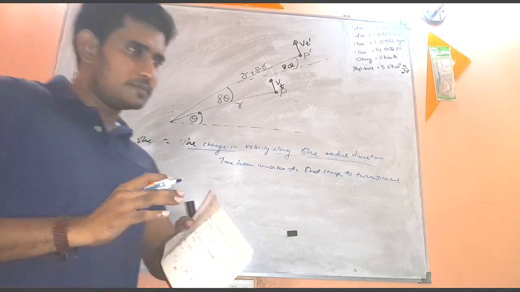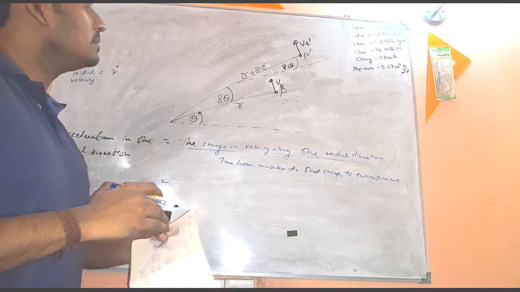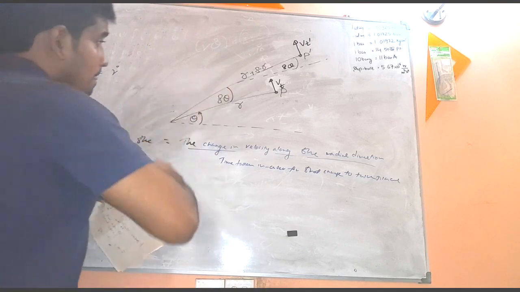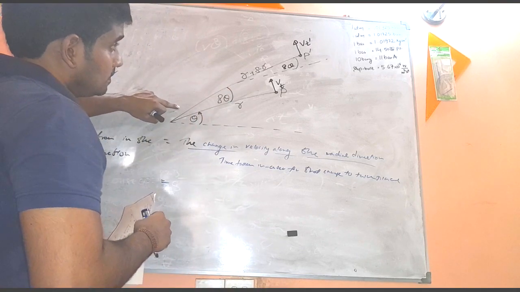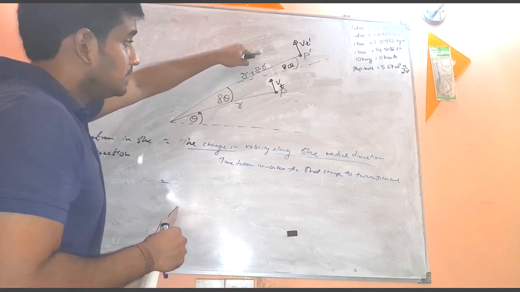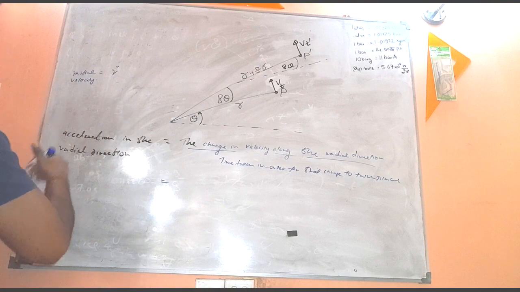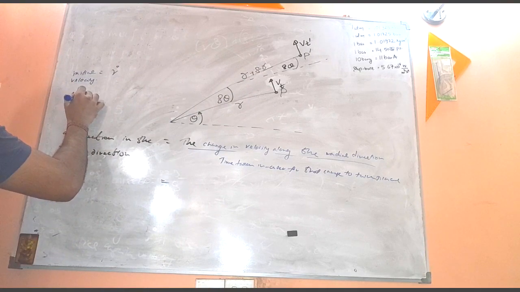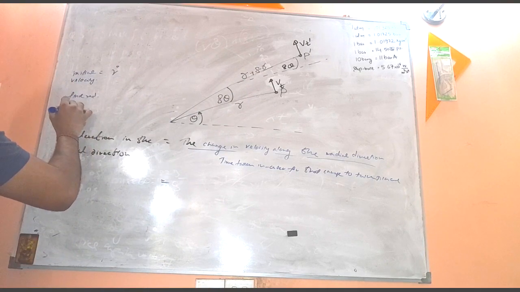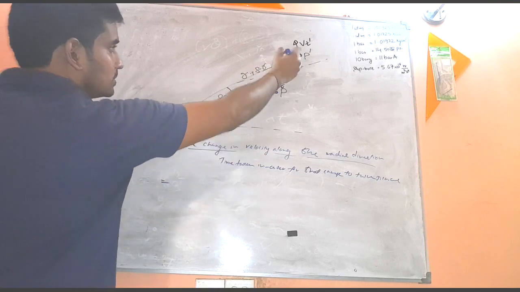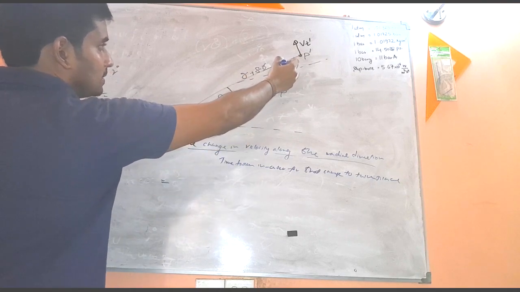Then what is the final radial velocity along the final direction, which is making an inclination of delta theta? That means along this new direction, right?